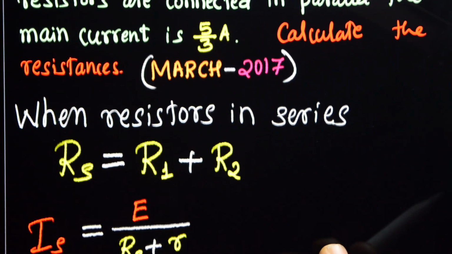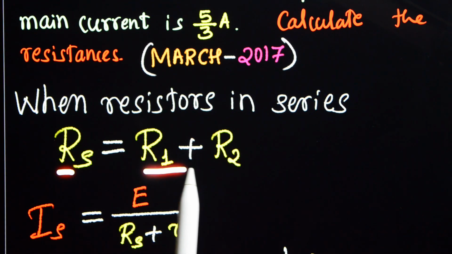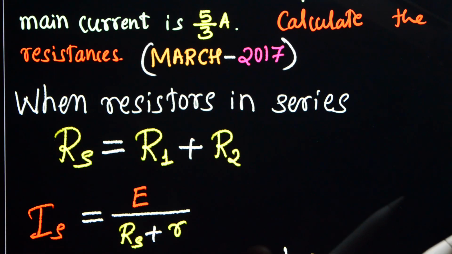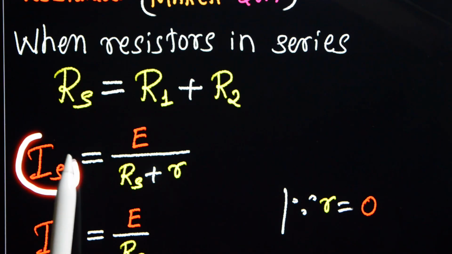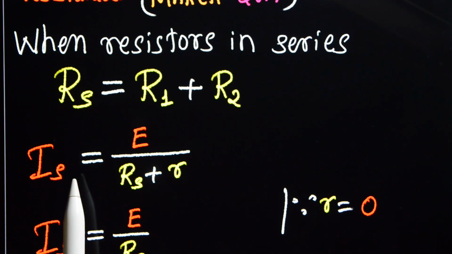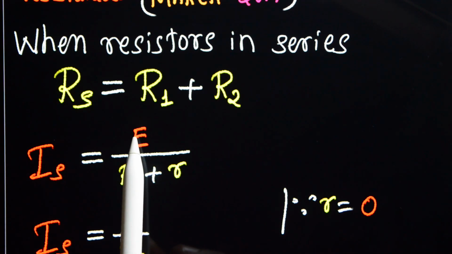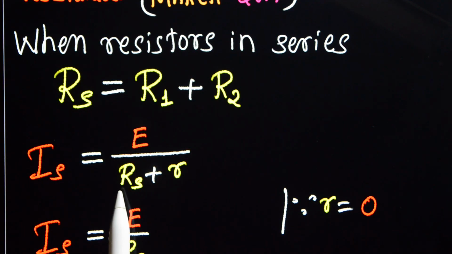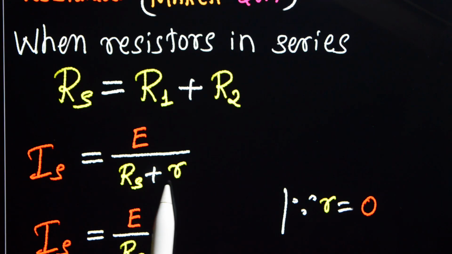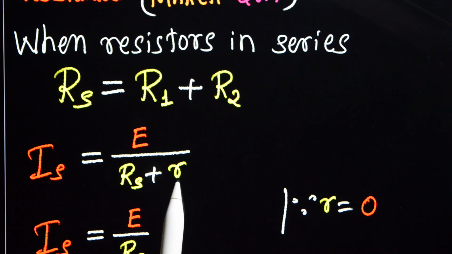Here, when resistors are in series, the effective resistance Rs is equal to R1 plus R2. The current in the circuit is given by the expression I subscript S, which is equal to E, that is the EMF of the cell, divided by Rs, the effective resistance of the external resistors, plus small r, the internal resistance of the cell.